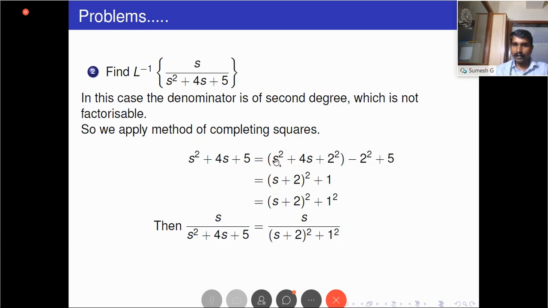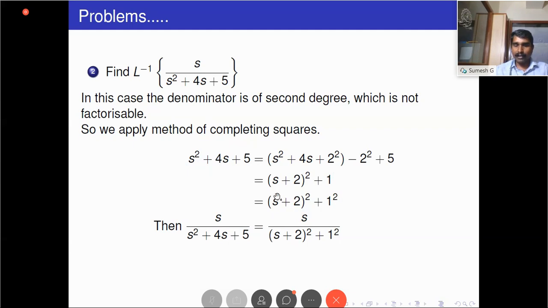This is of form a square plus 2ab plus b square is a plus b whole square. So the term in the bracket can be written as s plus 2 the whole square minus 4 plus 5, it becomes plus 1. 1 can be written as 1 square. So s square plus 4s plus 5 is equal to s plus 2 the whole square plus 1 square.